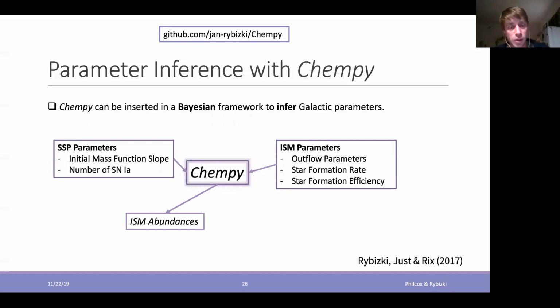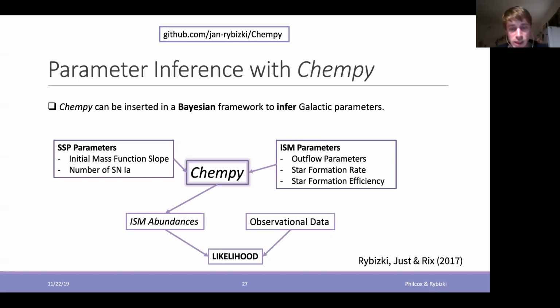You plug them into Chempy, plus the yield sets, of course. You get the ISM abundances. You compare them to observational data and calculate the likelihood. And then you sample this in an MCMC until it stabilizes, and you get the best simple stellar population parameters and ISM parameters out of this. This is basically how it works.